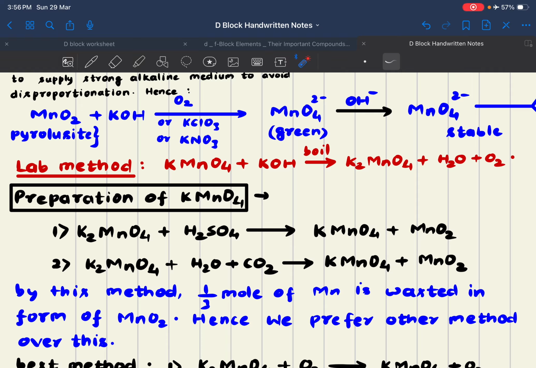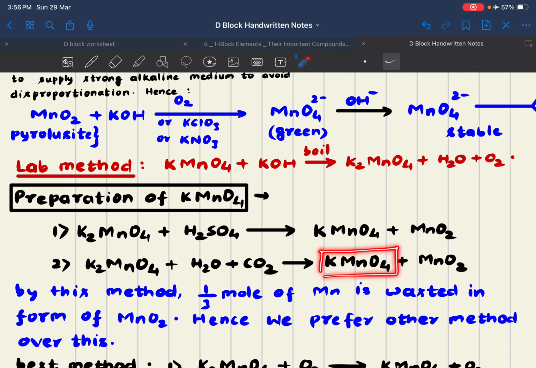As an industrialist, let's suppose you own a factory, what do you want? You want all your raw materials to be used properly, right? Cost of production should be less, and you should get maximum output, right? This is our goal, this is what we want. But what is happening here, some part of manganese is getting converted to MnO2, which is kind of waste for us.